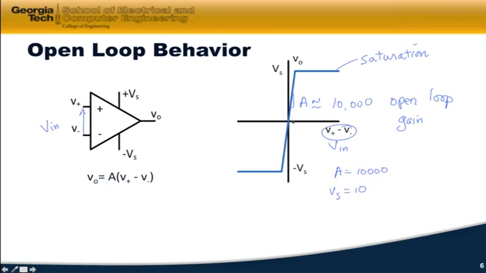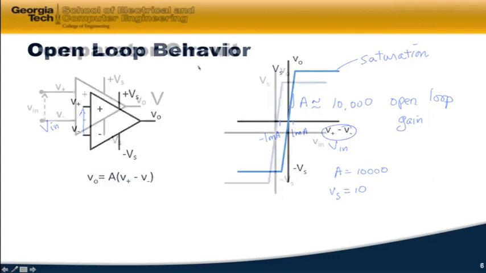And so what value of the voltage input before it saturated? It was 1 millivolt and minus 1 millivolt. So in other words, a very small value of Vn made this saturate. So we have what we say a very small range of operation for the linear range. This is the linear range right here. Very small range of operation when we've got what we call the open loop behavior.